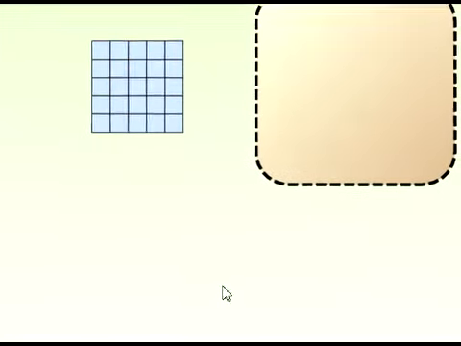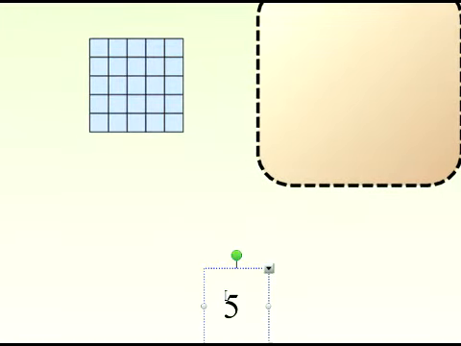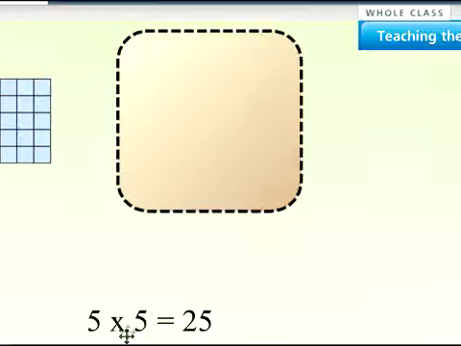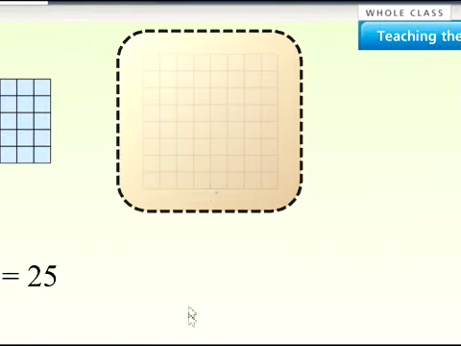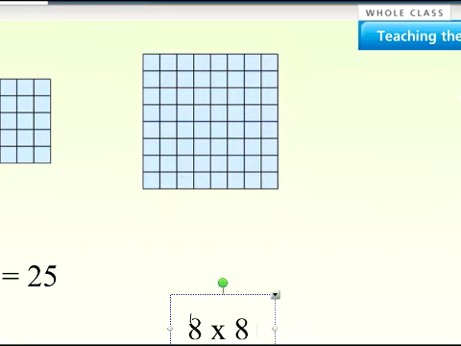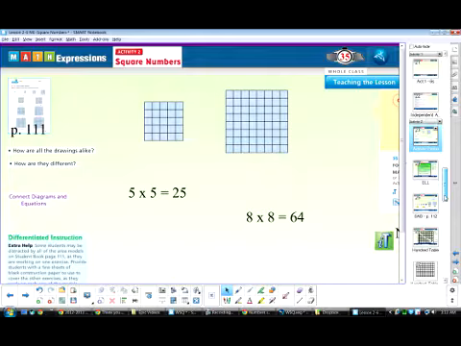So back here, what's 5 times 5? 5 times 5, those are factors, equals 25. I knew you guys knew it. And if we take 8 times 8, oh, there's hard 8s. I can't remember 8 times 8. There you go, 64. Sometimes you just have to have that multiplication table.